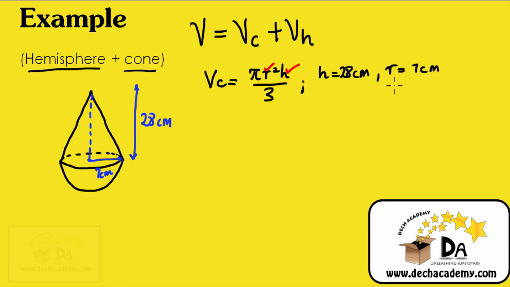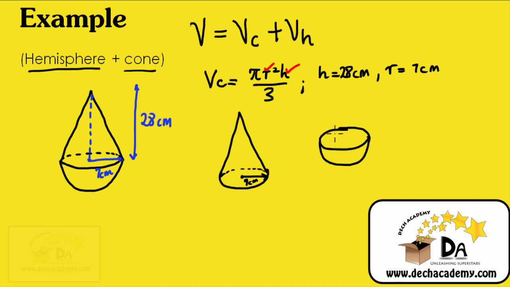Just in case you're struggling with that, this is a cone. It has a circular base. You locate the center of the base. The distance from this center to any point on the circumference of that circular base is the radius, which is 7 centimeters. But what we have here now is a hemisphere attached to this cone.